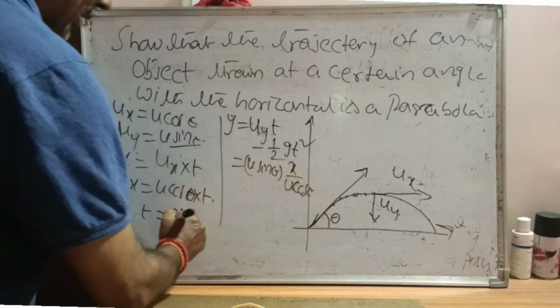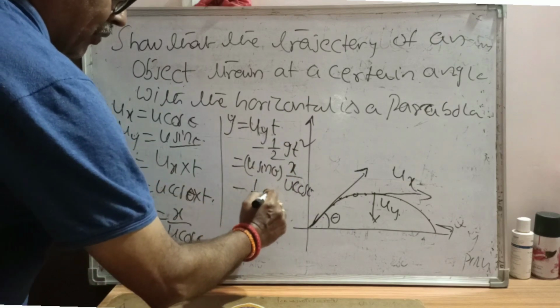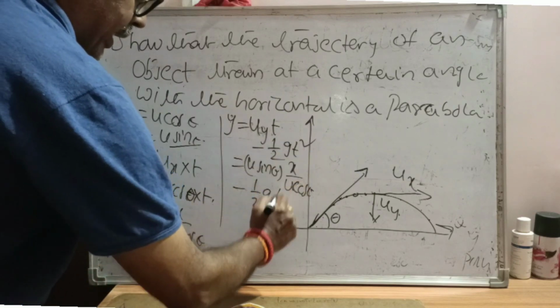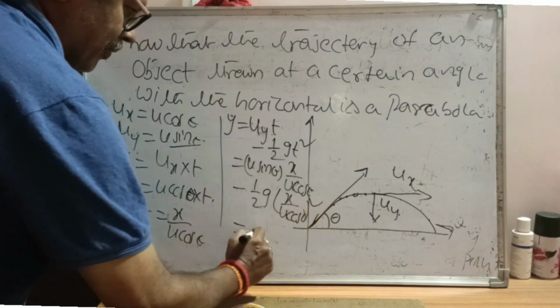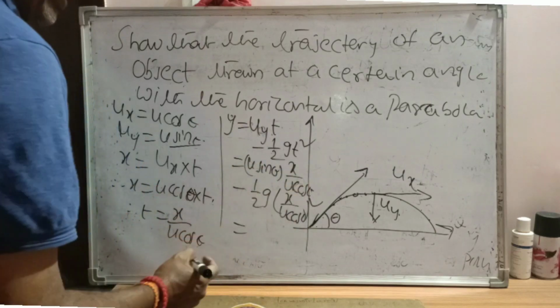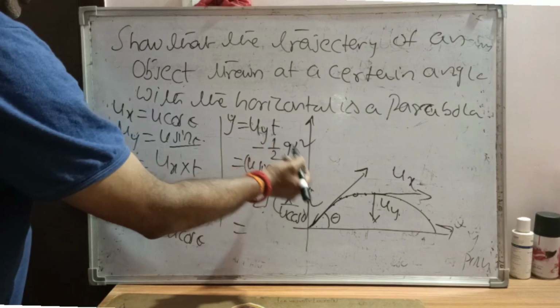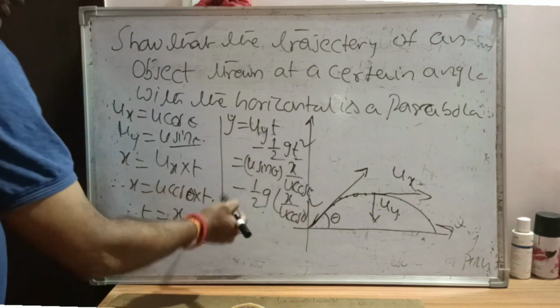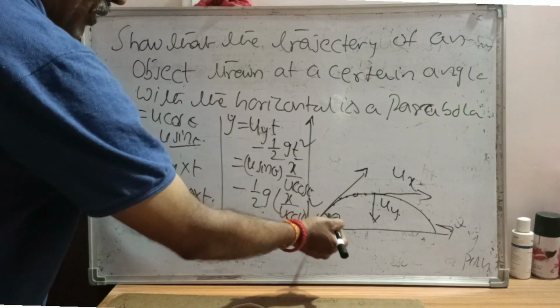We are substituting this t in this place. Minus 1 by 2 into g, and t can be replaced by again x by u cos theta whole square. Therefore, u sin theta into x by u cos theta minus 1 by 2 into g into x by u cos theta whole square.